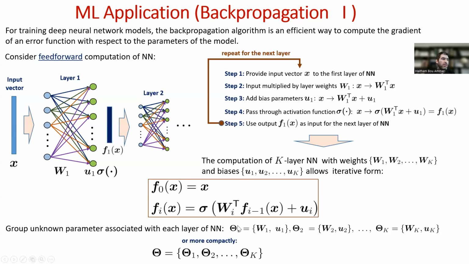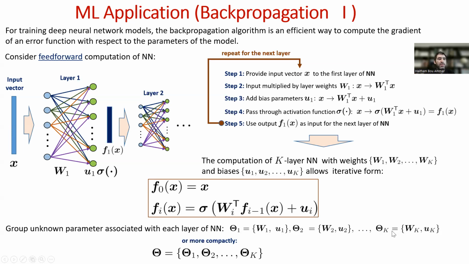And now, for each layer, we typically combine all the parameters associated with that layer in one structure. Typically, it's a vector as well. So here, theta1 is a combination of the vectorized version of matrix W1 and the bias vector U1. Theta2 is a vectorized version of matrix W2 and bias vector U2, and so on.